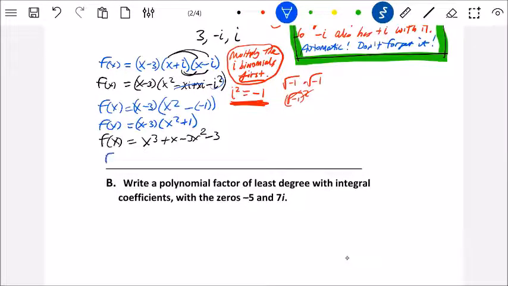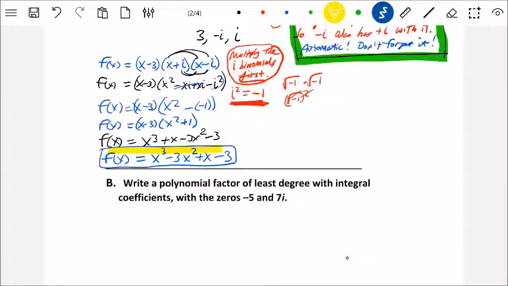We have to put that in the correct order. So the x cubed is first, the negative 3x squared is next because of the next highest exponent, then the x, then the minus 3. And there is our polynomial resulting from using 3 and i, which meant 3, i, and negative i.